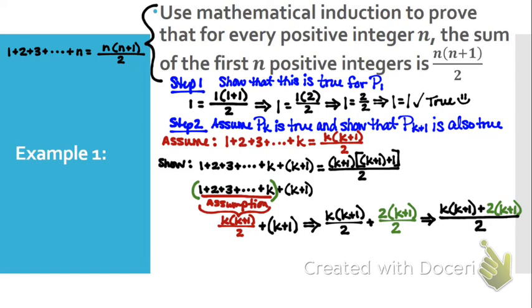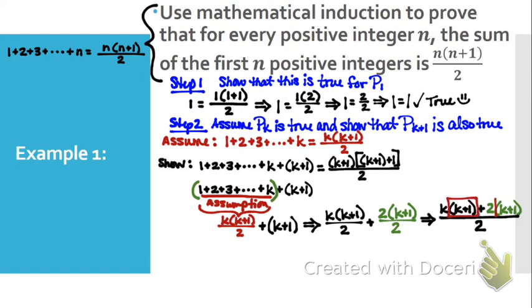I'm going to have to drop down a line here in a minute. How many terms are in my numerator? How many things separated by pluses or minuses? 2. I have 2 terms in my numerator. What do you notice both of those terms have? K plus 1.